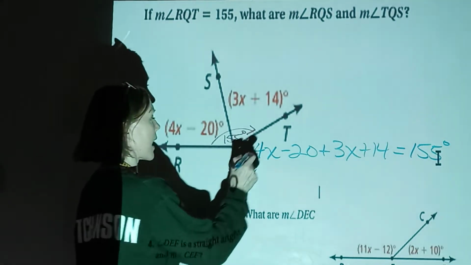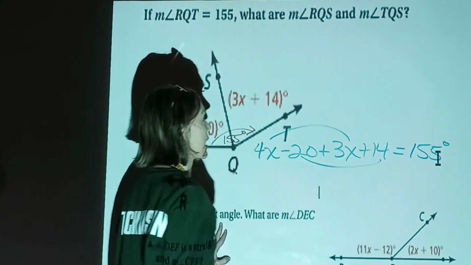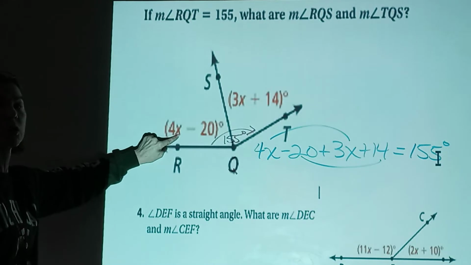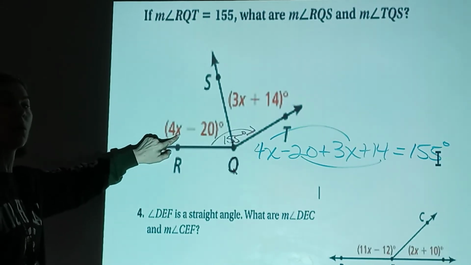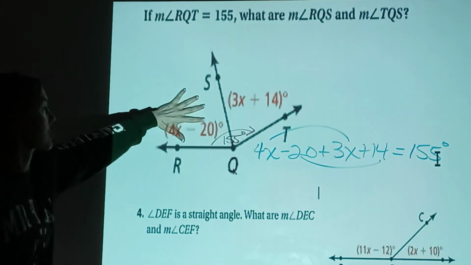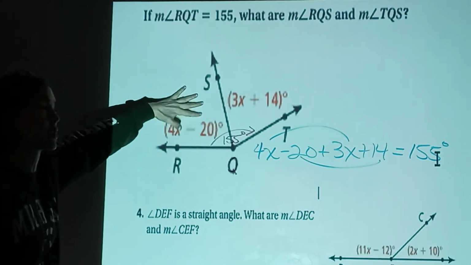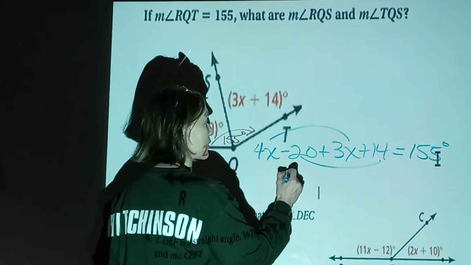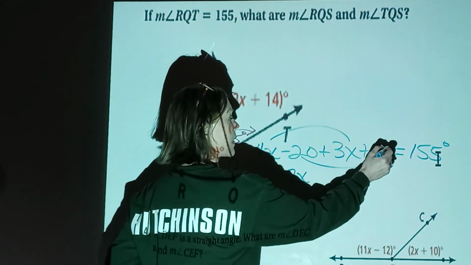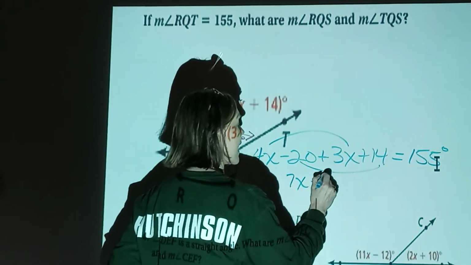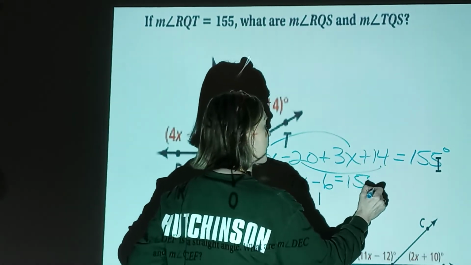So now we combine like terms, because if we don't know what x is equal to, then we won't know the measure of this angle. We have to solve for x so we can plug it in and find the measure of the angle. So 4 plus 3 is 7x. Negative 20 plus 14 is negative 6, equals 155.